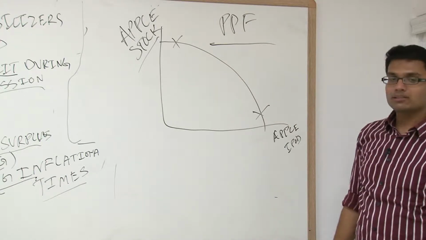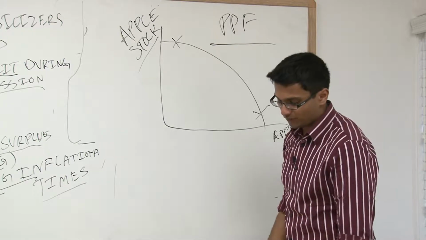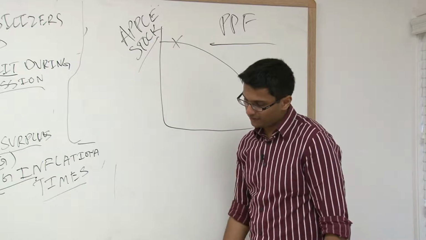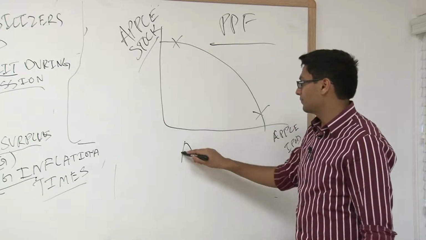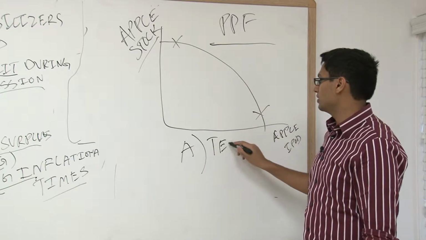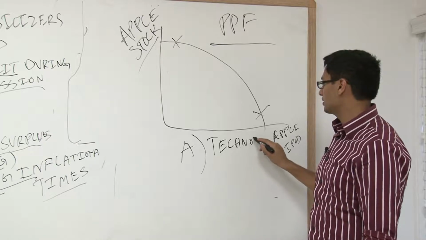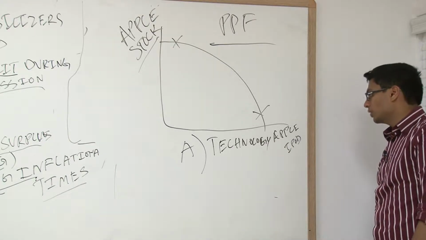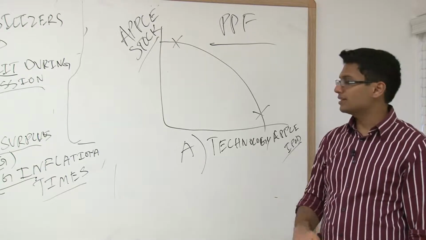Now, we talked about this a little bit before, but there are a couple of ways of shifting a PPF. One of them is the technology within a country. If the technology is better, we can make iPods for a lot less.